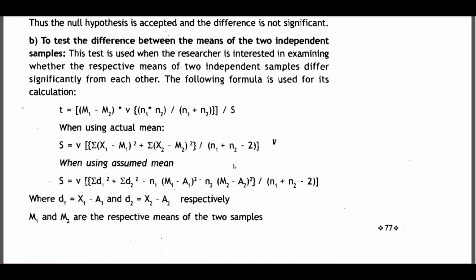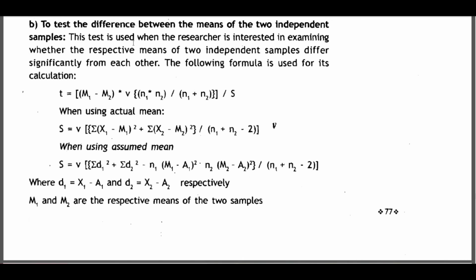Next is the t-test to test the difference between the means of two independent samples. This test is used when the researcher is interested in examining whether the respective means of two independent samples differ significantly from each other. The following formula is used for its calculation. The value of t can be calculated using this formula.